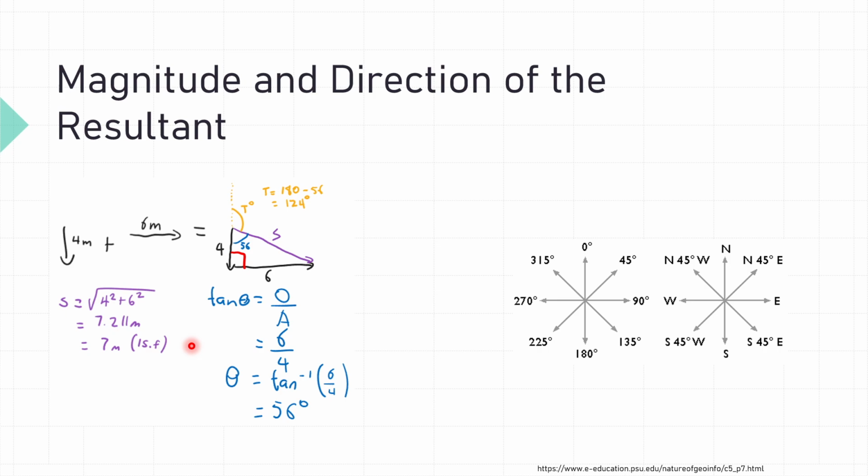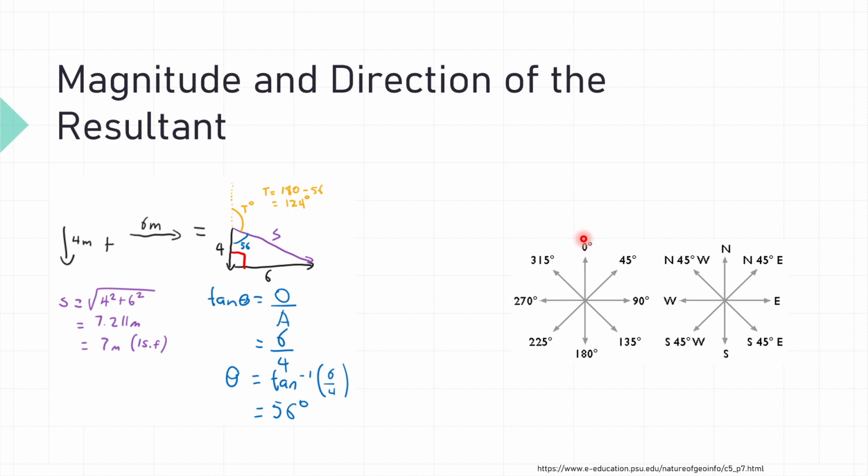There are two ways that we can show the direction of a vector. We can either use a true bearing, or we can use a bearing notation that includes north, south, east, west notation. Now, true bearings are fairly straightforward. We always say that the north direction is representative of 0 degrees.